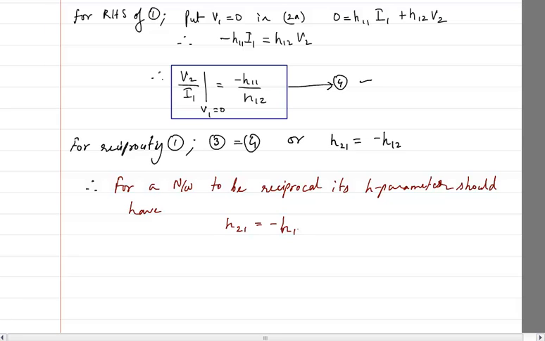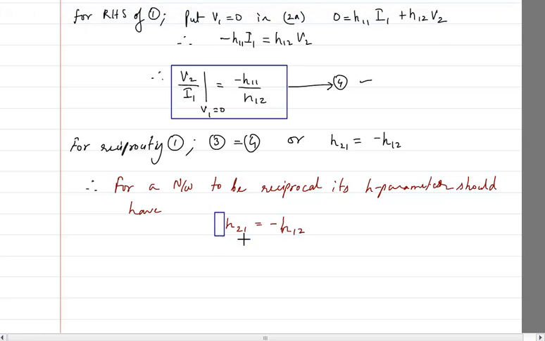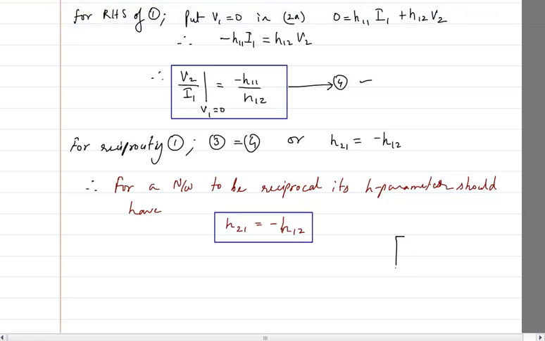So whatever is there in H21, you should have the negative value of that. So if I have a matrix with H11, H12, H21, H22, then what it says is that H12 and H21 should have values which are equal in magnitude but of opposite sign.